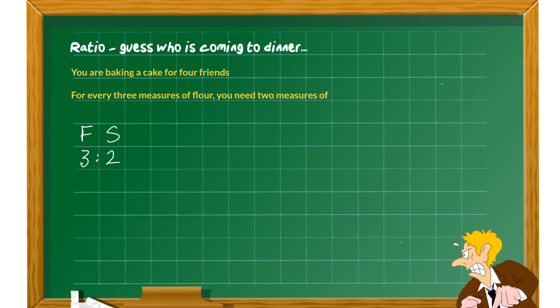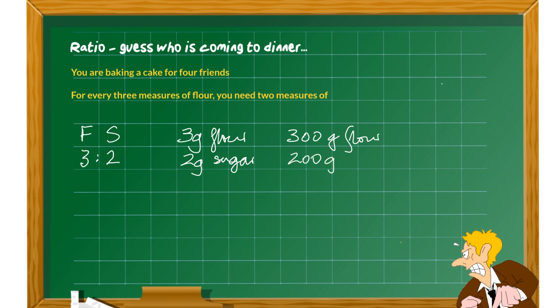So that could be a very small cake made with 3 grams of flour and 2 grams of sugar. It would be a cake the size of a teaspoon. It is not really worth having. But it might be more likely 300 grams of flour and 200 grams of sugar. Your cake would be 500 grams of these ingredients, okay?